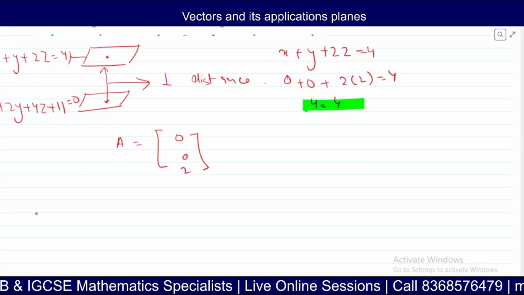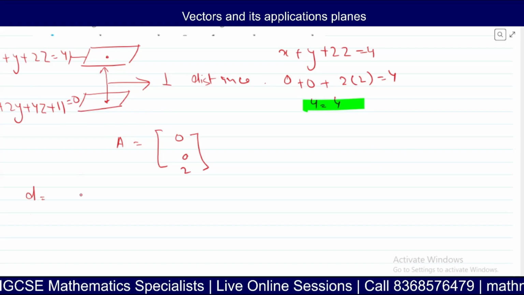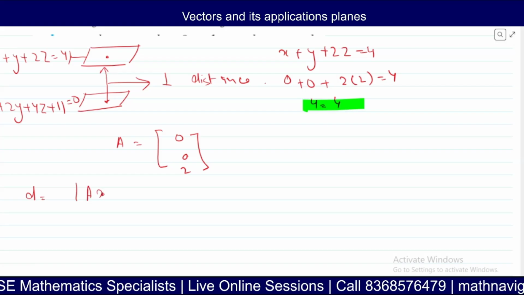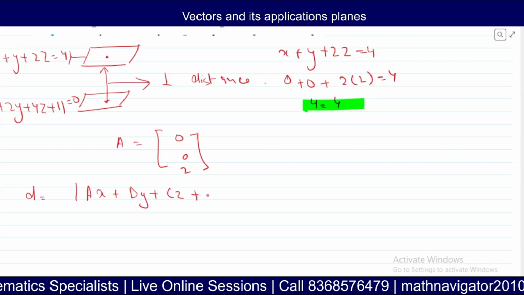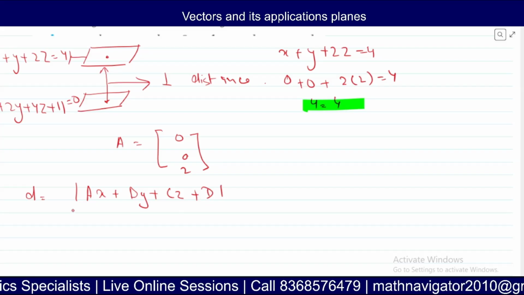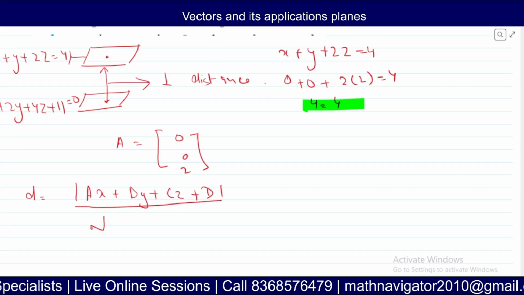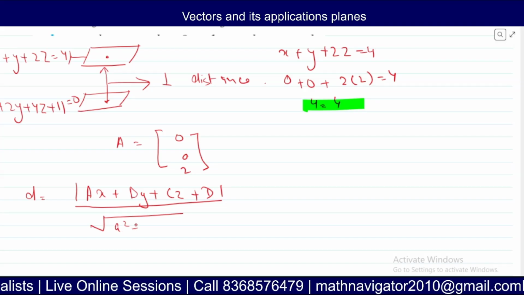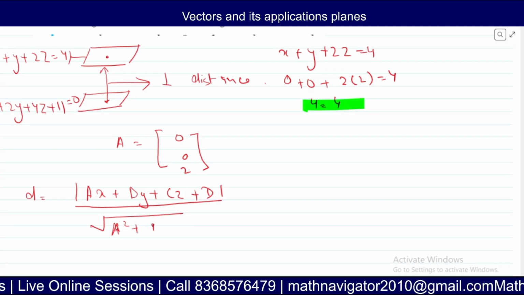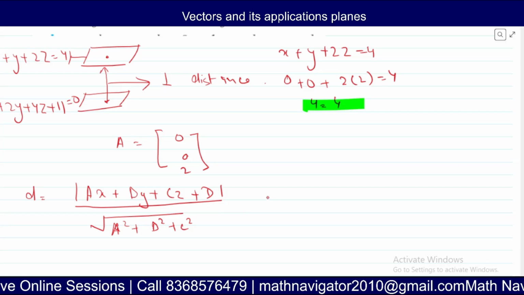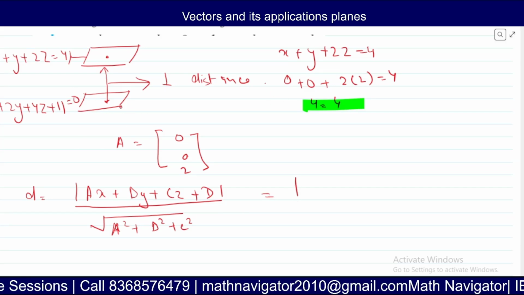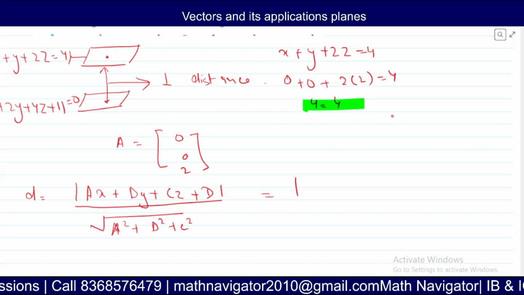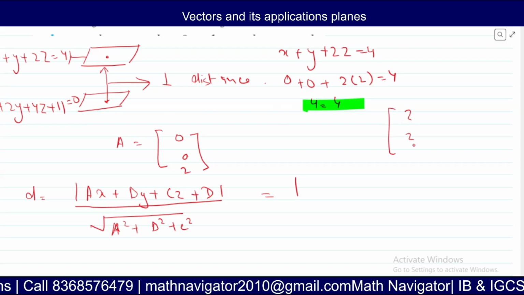This time I'm straight away using the formula: modulus of ax plus by plus cz plus d, over under root of a squared plus b squared plus c squared, right? What is my a in this? A is the normal vector. So my normal vector in this is 2, 2, 4.